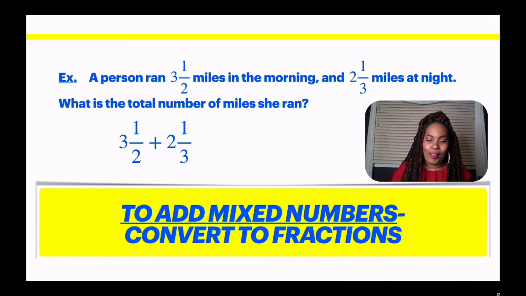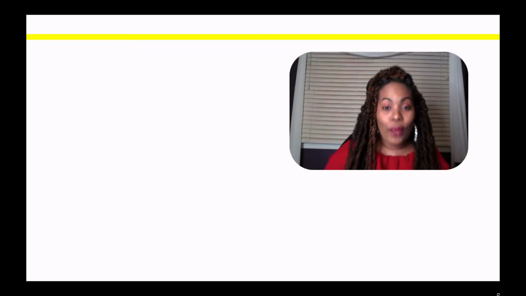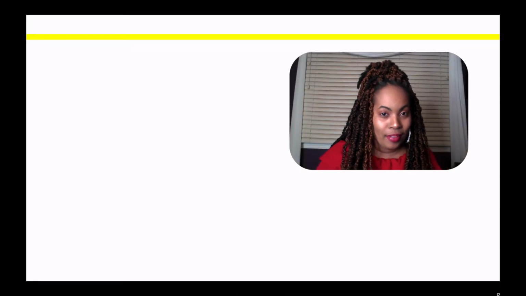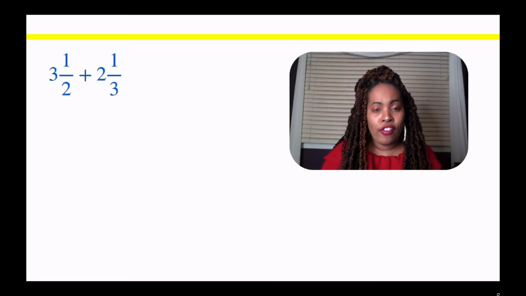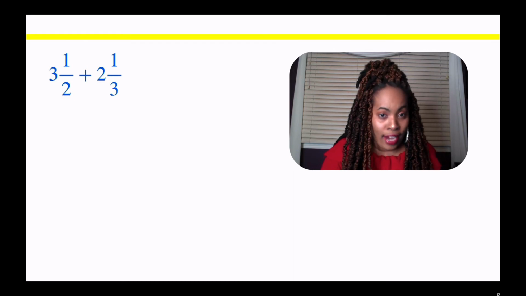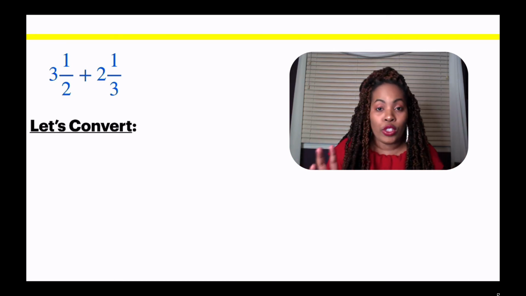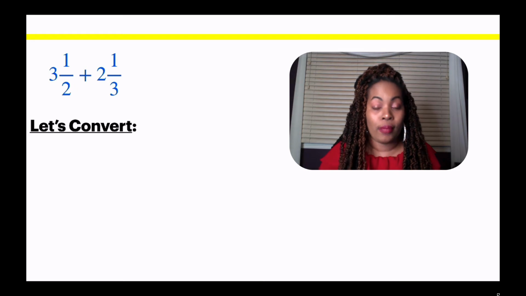So yes, the first thing we have to do in order to add mixed numbers is to convert them to fractions. So let's start with a whole new blank page. We have 3.5 plus 2 1/3. Now let's take those 2 mixed numbers and convert them to fractions.